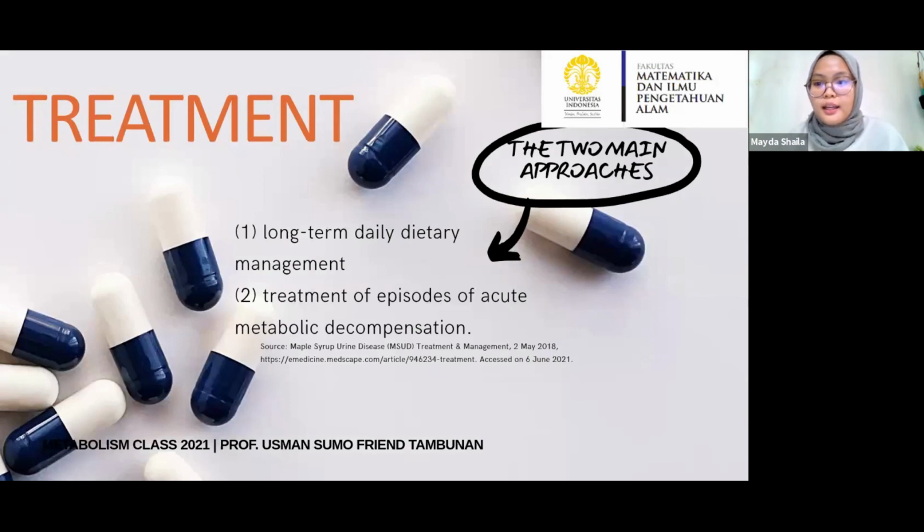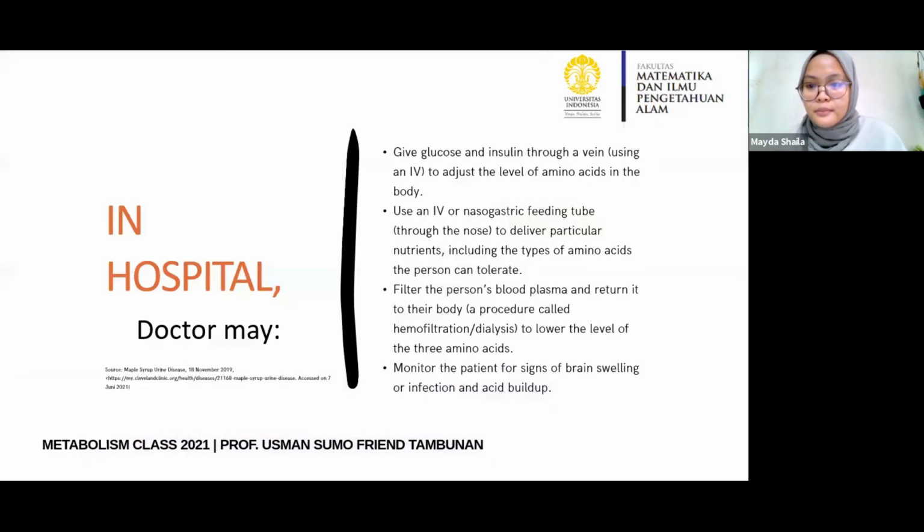of BCAAs. And for treatment, there are two main approaches: long-term daily dietary management and treatment of episodes of acute metabolic decompensation. For treatment in a hospital, the doctor will give glucose and insulin through a vein to adjust the level of amino acids in the body, and use a tube or nasogastric feeding tube to deliver particular nutrients, including the types of amino acids the person can tolerate, and then filter the person's blood plasma and return it to their body.